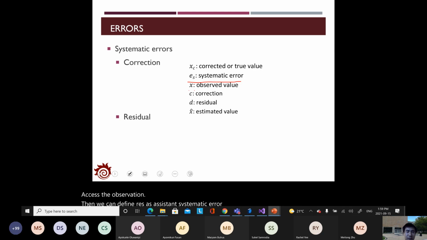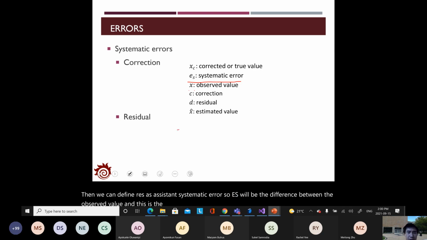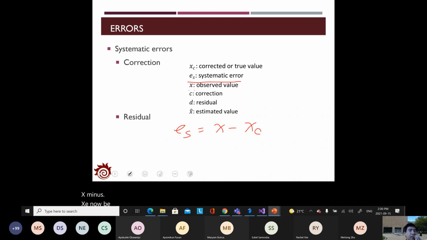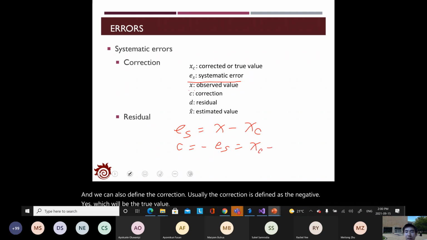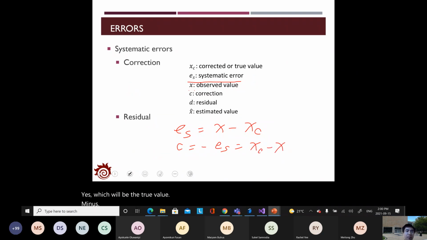Es is the difference between the observed value and the true value, so Es equals X minus Xc. We can also define the correction, which is usually defined as the negative of Es, that is, the true value minus the observed value.